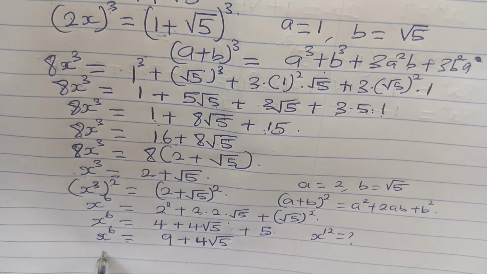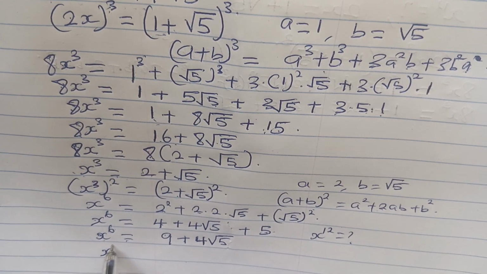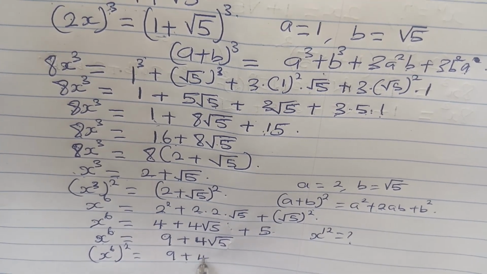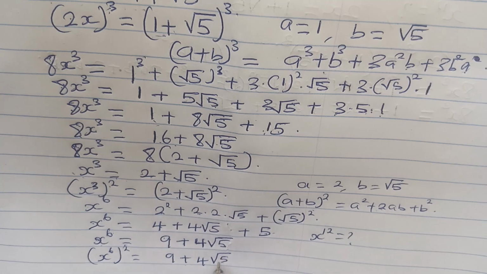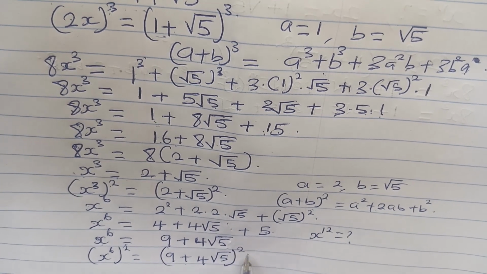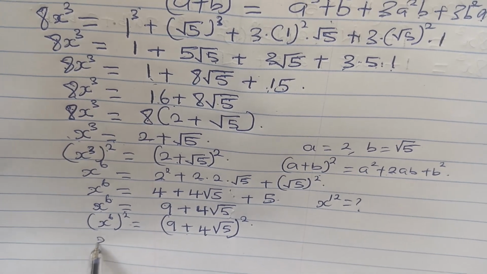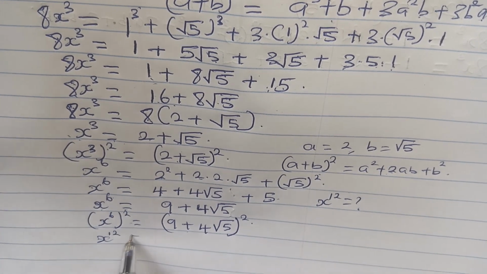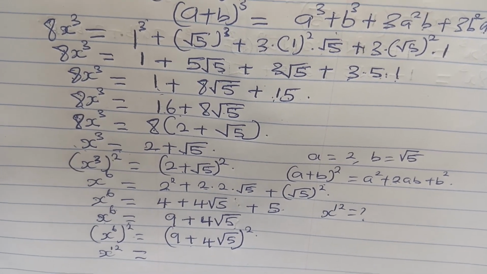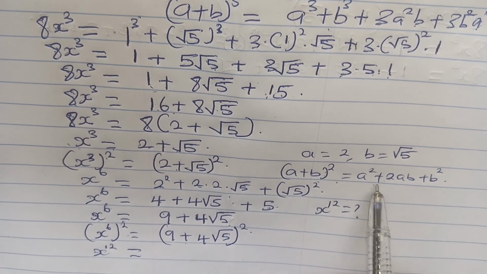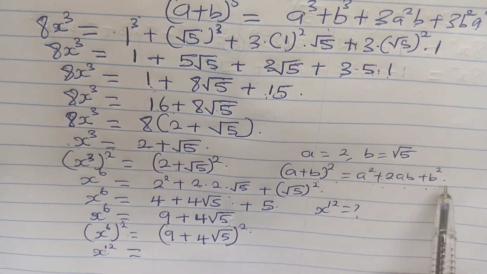So if we do that, we have x to the power of 6 all squared is equal to 9 plus 4 root 5 all squared. So if we put this in, we have x to the power of 12 equal to, we are still going to use the same identity here, which is a plus b all squared is equal to a squared plus 2ab plus b squared.